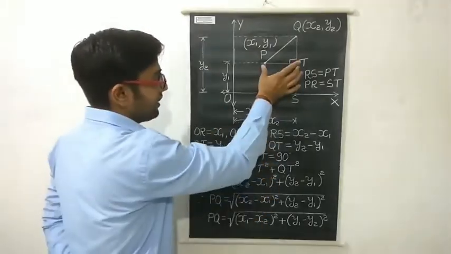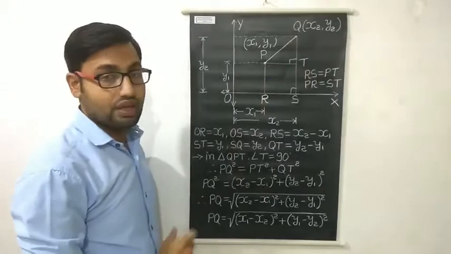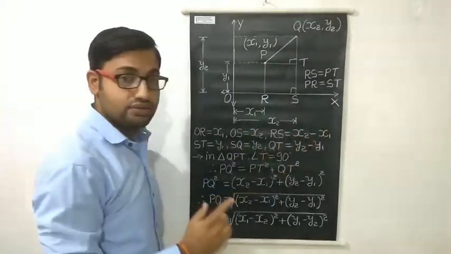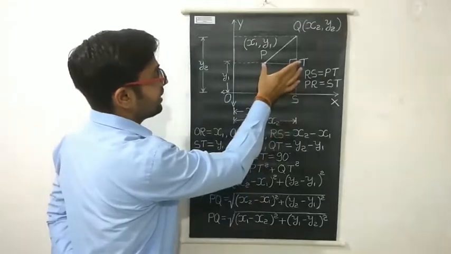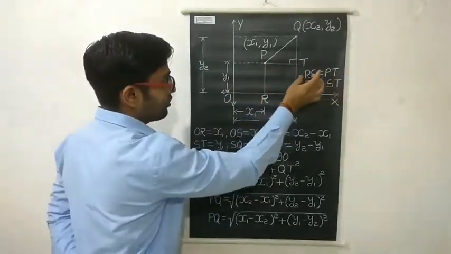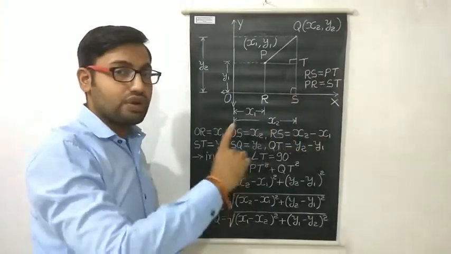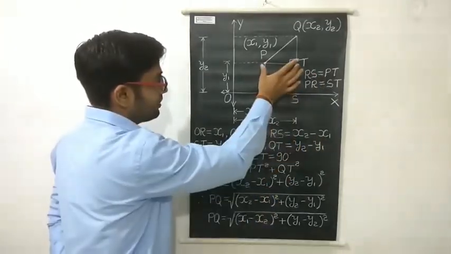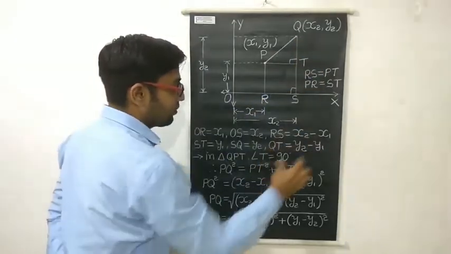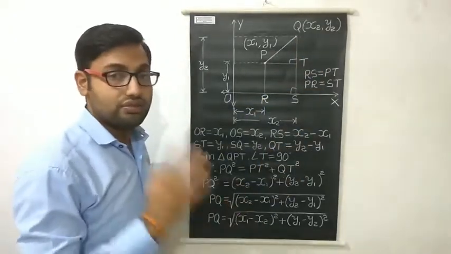That is why we are getting this side and this side. So RS equals x2 minus x1, and RS and PT are equal. So PT equals RS equals x2 minus x1. Now we have the distance PT. In the same way, QT equals y2 minus y1.